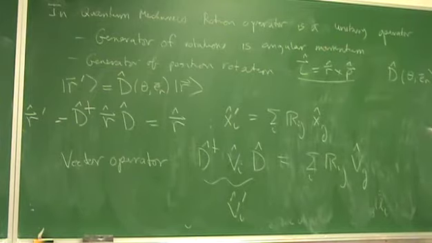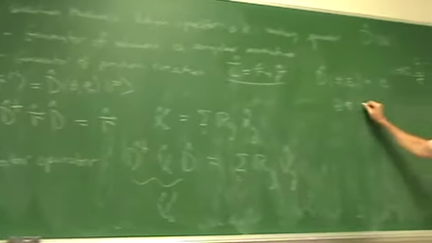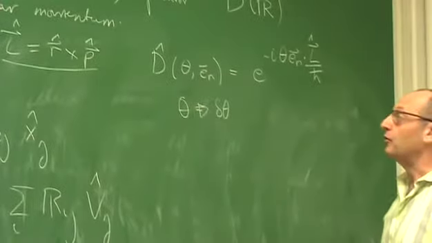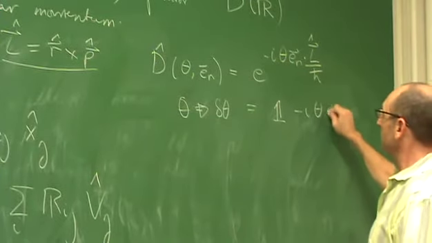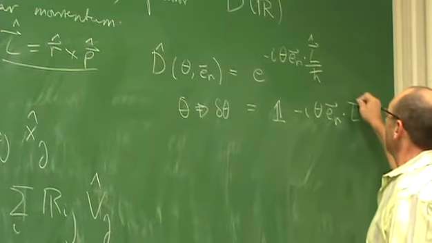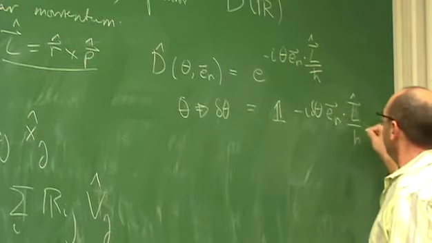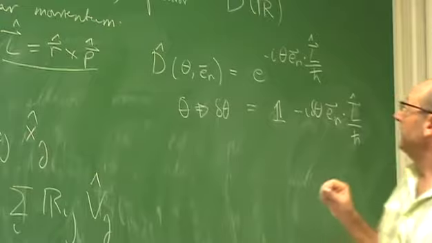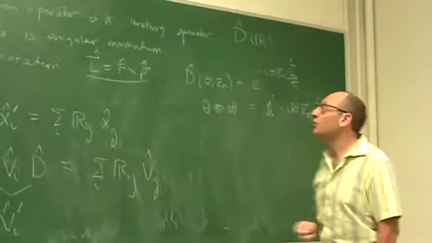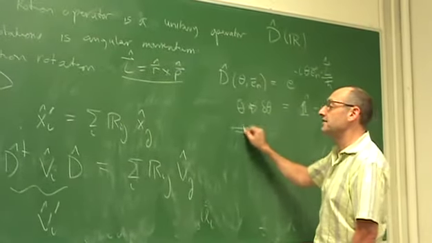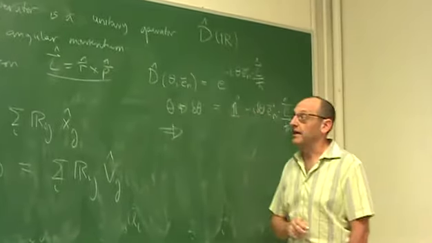Now, we can re-express this in a slightly different way. If I look at this for when theta becomes a very small infinitesimal rotation, then our unitary transformation is infinitesimally close to the identity. And this transformation can then be re-expressed in terms of a condition on the commutation relation.